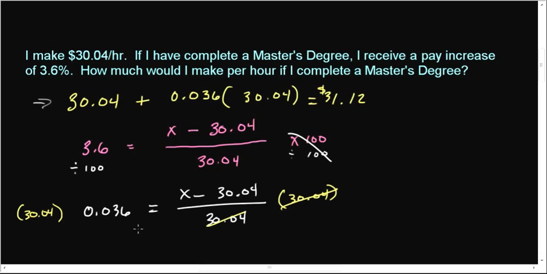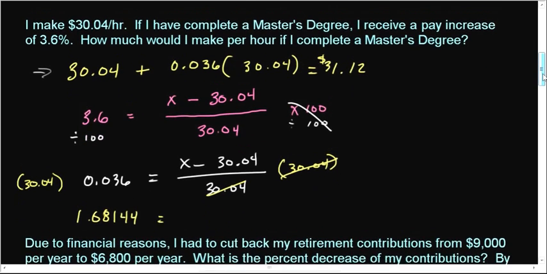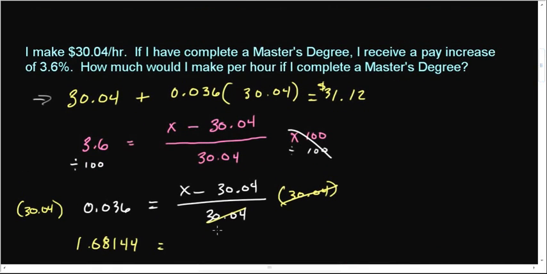So I take 30.04 times 0.036. That's going to give me 1.08144. Because it terminates, I'm going to take them all out. Normally I don't use that many decimals. That's going to give me x minus $30.04.